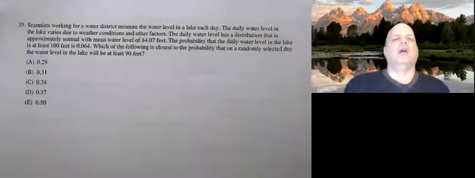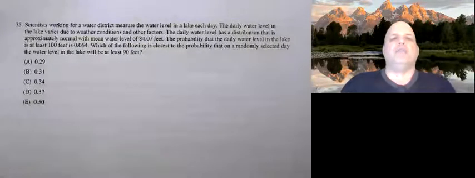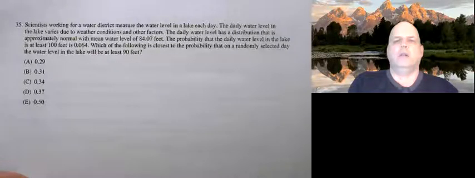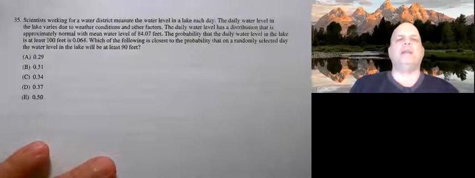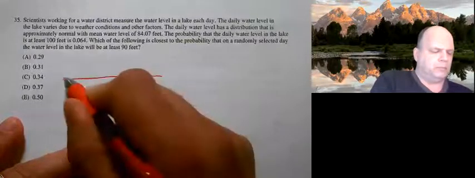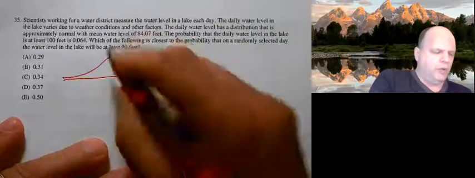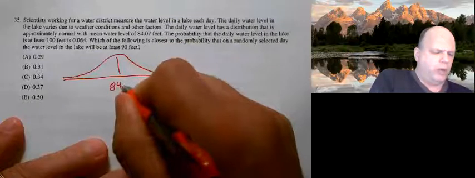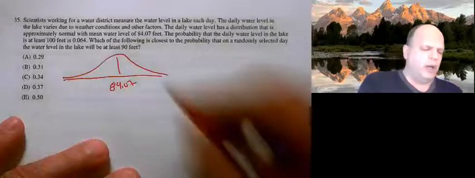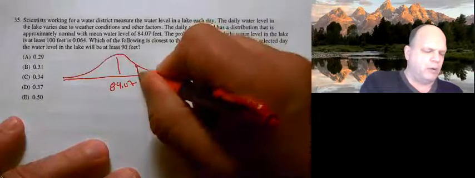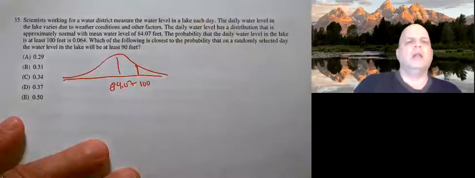Number 35. Scientists working for a water district measure the water level in a lake each day. The daily water level in the lake varies due to weather conditions and other factors. The daily water level has a distribution that is approximately normal with a mean water level of 84.07 feet. The probability that the water level in the lake is at least 100 is 0.064.